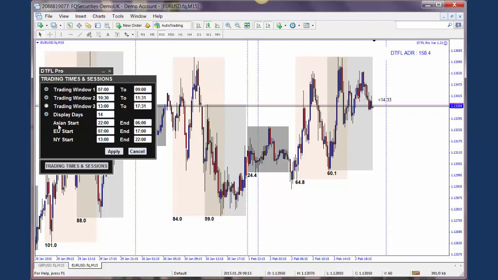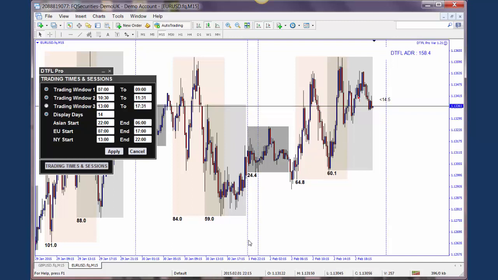So now we come on to these times here, which are the Asian start, the European start, and the New York start. These are the times that the boxes appear on the chart. So this is a GMT broker which has Sunday trading, and it starts at 2200 hours. That's why I've got 2200 in there. And then the Asian session ends at 6. As you can see here, this is actually a weekend.